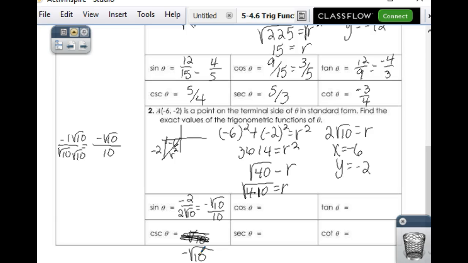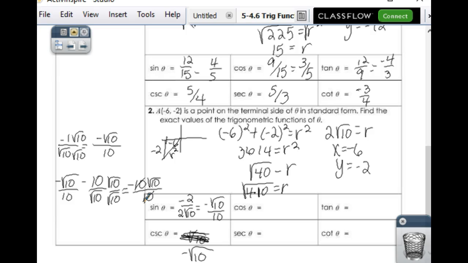Let me show you why this works. If I take negative square root of 10 over 10 and I flip it, and the 10s cancel out, I end up with exactly what I started with. So if you want to do that, you're going to get the right answer. It's just a lot of extra work. So if you flip this one before you rationalize it, it'll save you work.